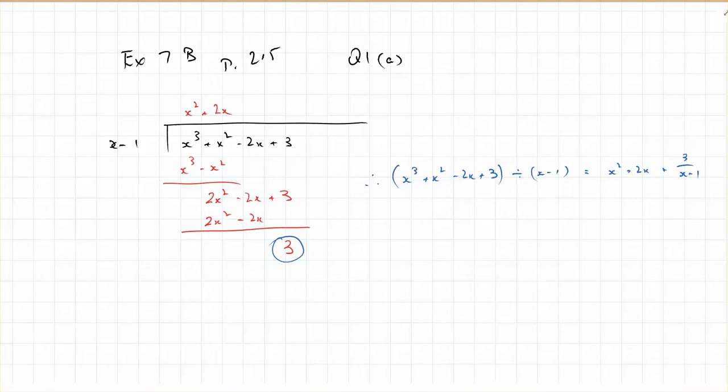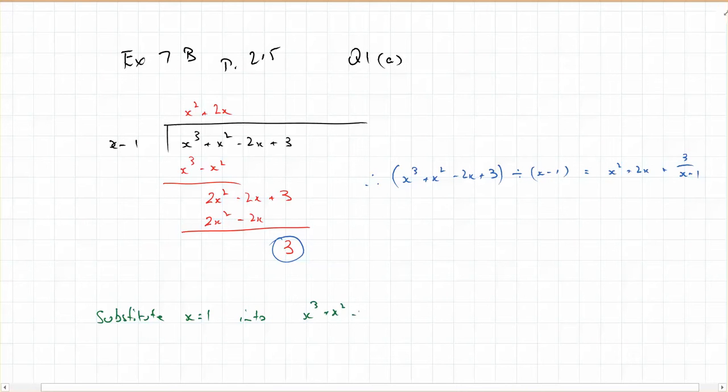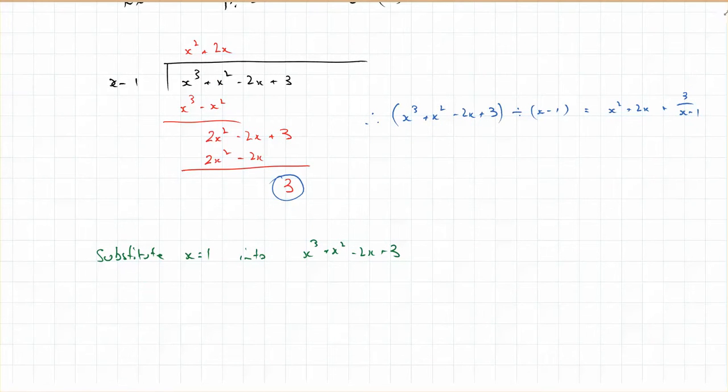So I'm going to substitute. Now this is new work. Substitute x equals 1 into x cubed plus x squared minus 2x plus 3. The reason I've chosen x equals 1 is because that's the division: I've divided by x minus 1.